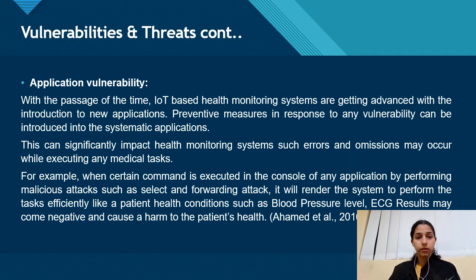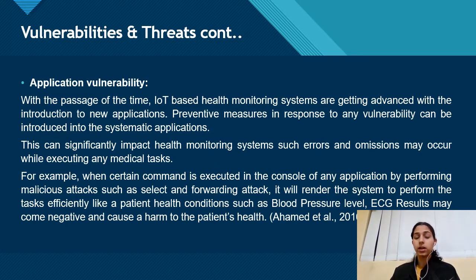Moreover, application vulnerability. With the passage of time, IoT-based health monitoring systems are getting advanced with the introduction of new applications. Preventive measures in response to any vulnerability can introduce errors into the application. This can significantly impact health monitoring systems, such as errors and omissions occurring while executing any medical task.